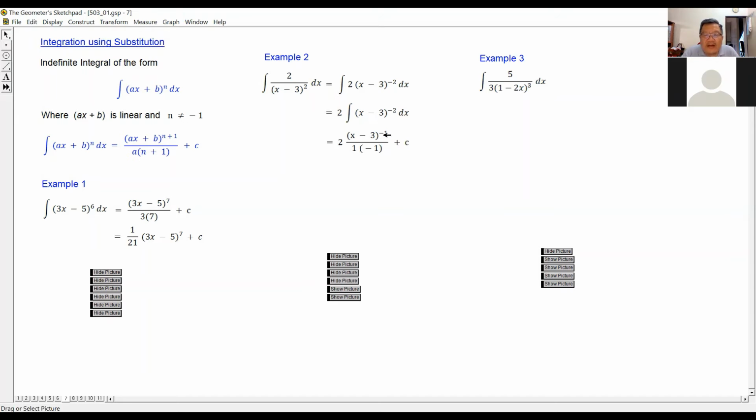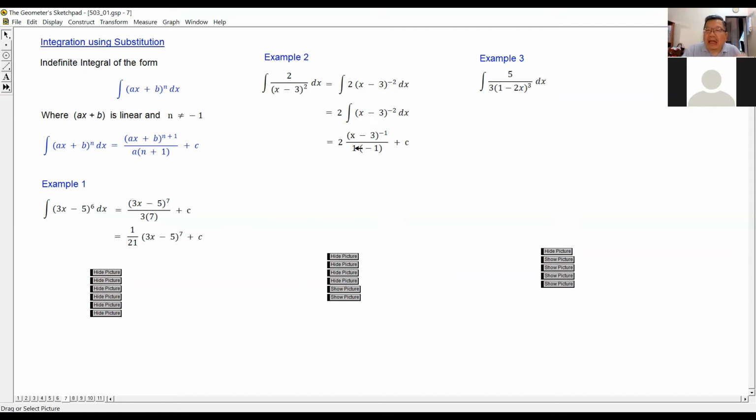-2 becomes -1. You divide by -1. Also divide by the number in front of x here, which is 1. Actually the 1 here, I don't have to write because multiplying by 1 is the same. But if you don't write the 1 here, next time when it is not 1, you conveniently forget that you need to divide by the number in front of x, the coefficient of x.